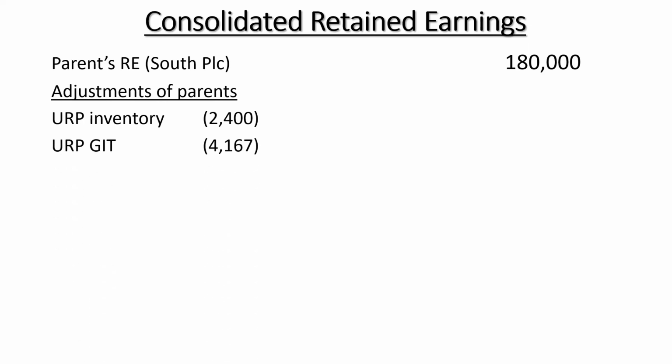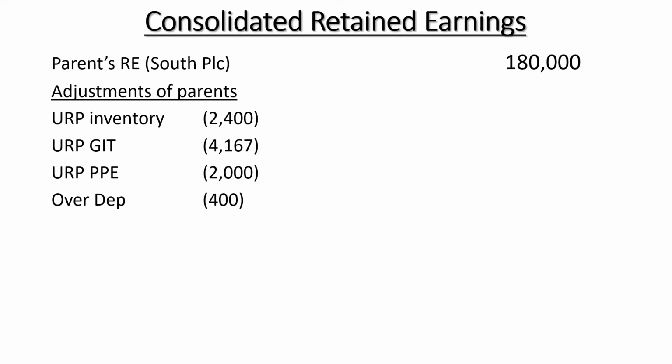Then unrealized profit of the goods in transit, that is 4,167. Then unrealized profit of property, plant and equipment, where the parent had sold a non-current asset to the subsidiary. The profit relating to that transaction, we have to remove from the parent's retained earnings, that is 2,000. Then the over depreciation value should be added back.